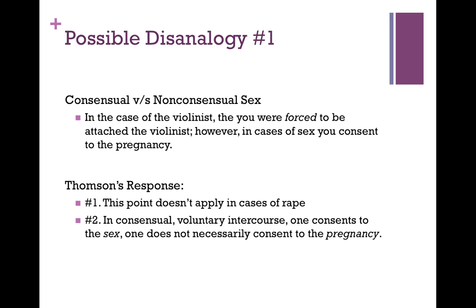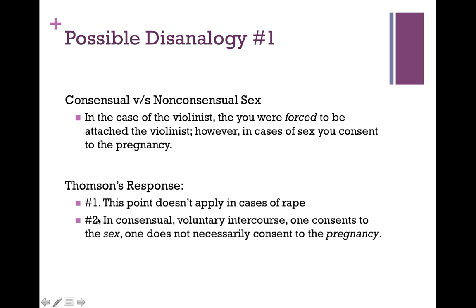So what we've canvassed thus far is a possible disanalogy between the violinist and pregnancy through sex, between the violinist and abortion. And Thomson has one response to this kind of complaint right here. So this point at the top here is a possible problem with the violinist thought experiment. And Thomson's response is that this doesn't hold in cases of rape, and that seems right.